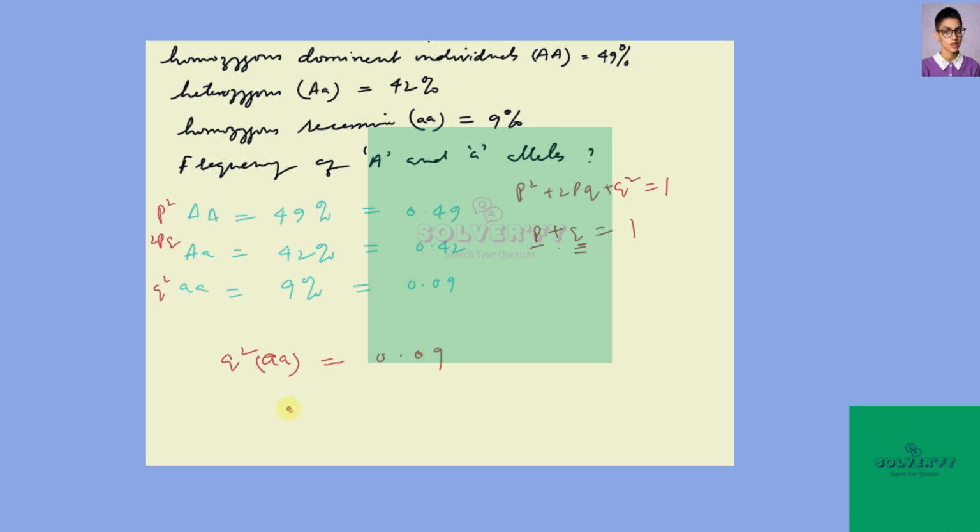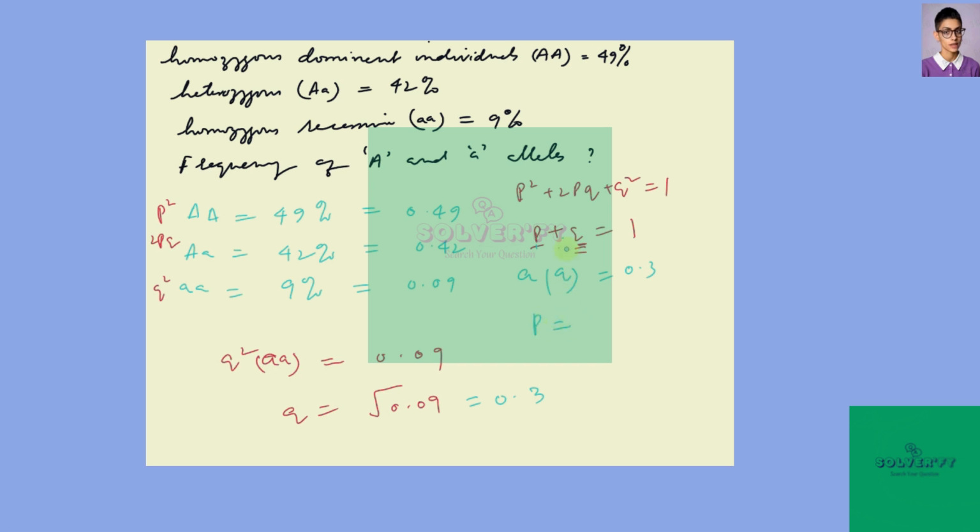So q will be equal to the square root of 0.09, which is equal to 0.3. So we can say that the allele frequency of recessive allele a, which is represented by q here, is 0.3.